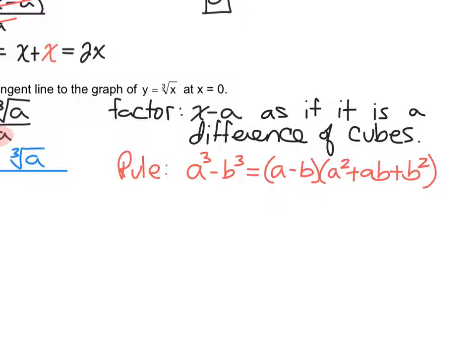So I want to apply this. So we'll kind of dissect this. In order to get from this term to this term, we took the cube root. Same idea here. Both cases we took the cube root.